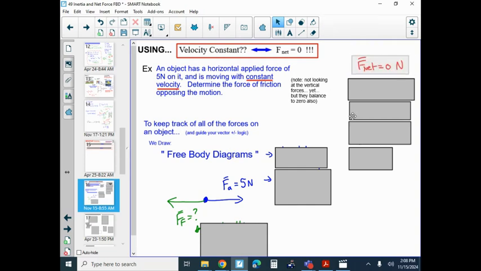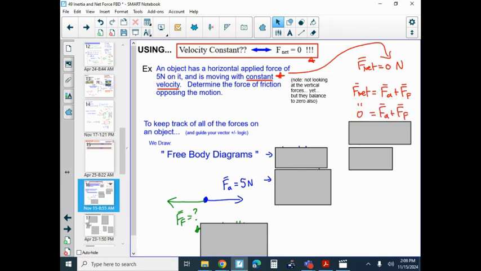The critical thing to recognize here is that we have constant velocity. This is the concept that applies right there. We know we have a net force of 0 because of that. So the net force is the forces added up: the applied force of 5 and this friction force backwards add to 0. And so we solve and say that the friction force must be -5.